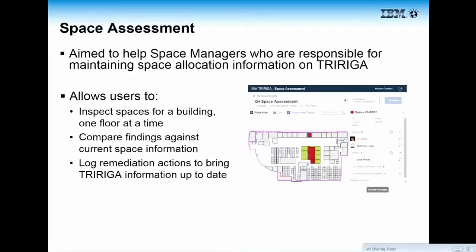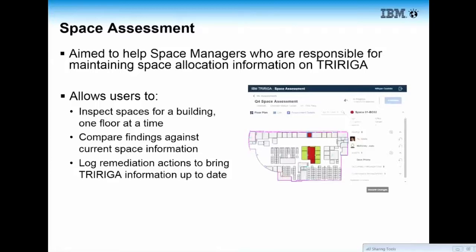Our space assessment application will allow our users to run an inspection of the spaces for a building, one floor at a time. They will be able to compare the findings of this physical inspection against current space information in the TRIRIGA database, and log remediation actions with the final objective of bringing TRIRIGA information up to date.